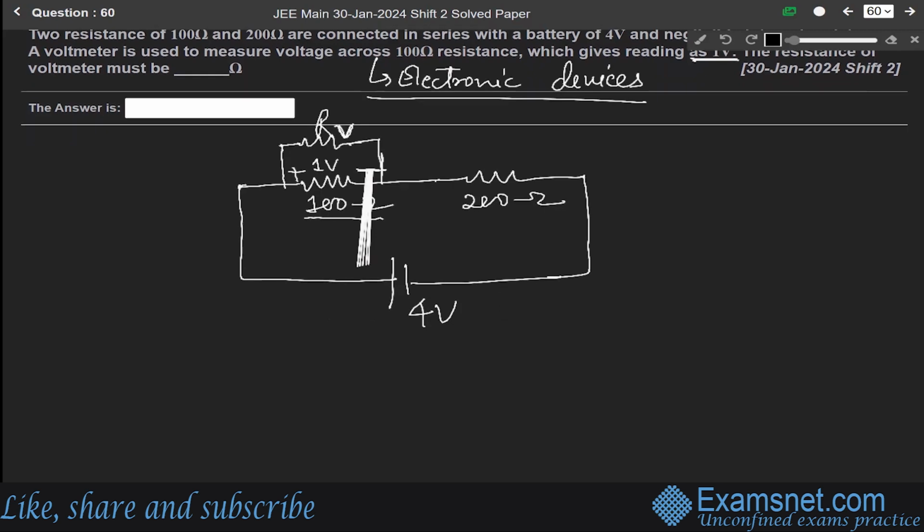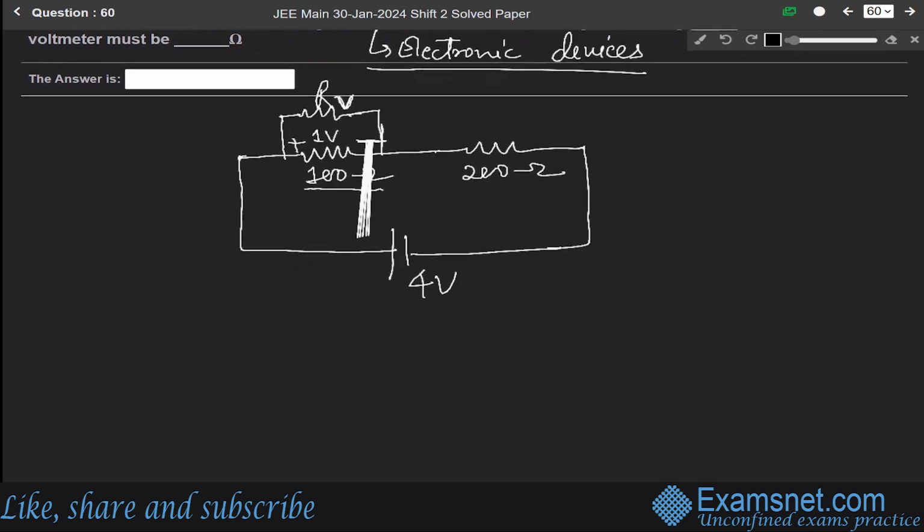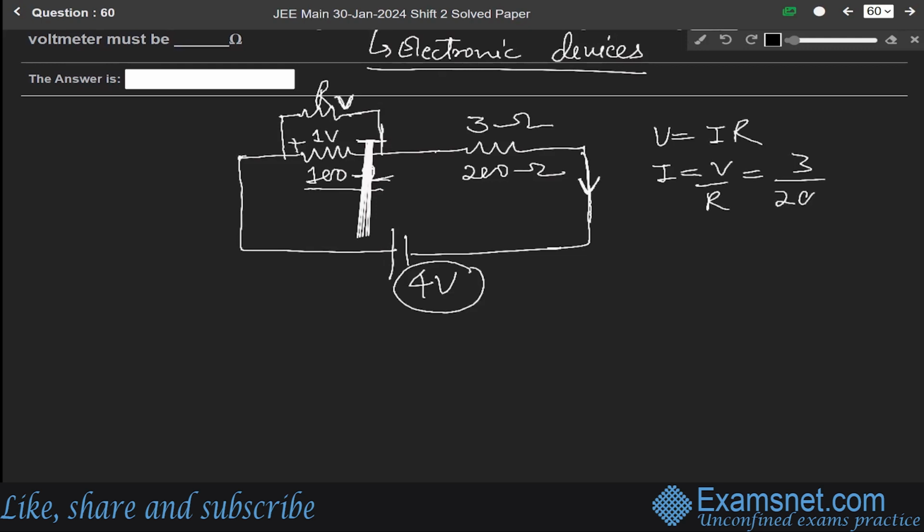Now since the whole circuit has a voltage of 4 volt, and from this 4 volt, 1 volt is across the resistance 100 ohm, so the remaining 3 volt will be across the resistance of 200 ohm. So the current flowing through this circuit, using Ohm's law V equals IR, so I will be V over R, which means 3 over 200 ampere.